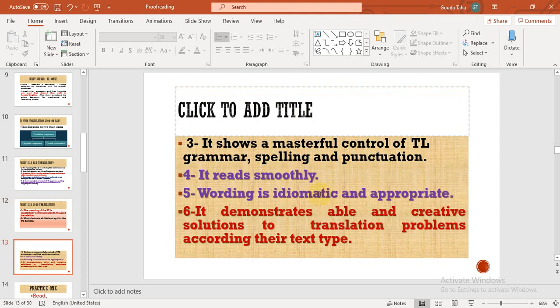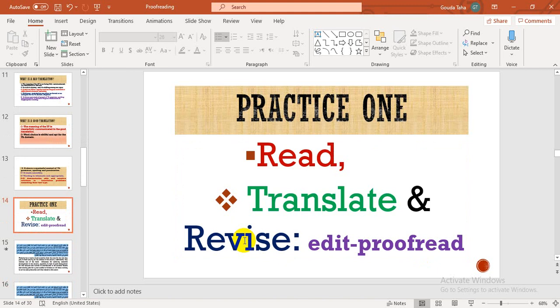It shows a masterful control of the target grammar, spelling, and punctuation. And most importantly, the naturalness element: it reads smoothly, and its style is idiomatic and appropriate. And it demonstrates able and creative solutions to translational problems according to their text types.